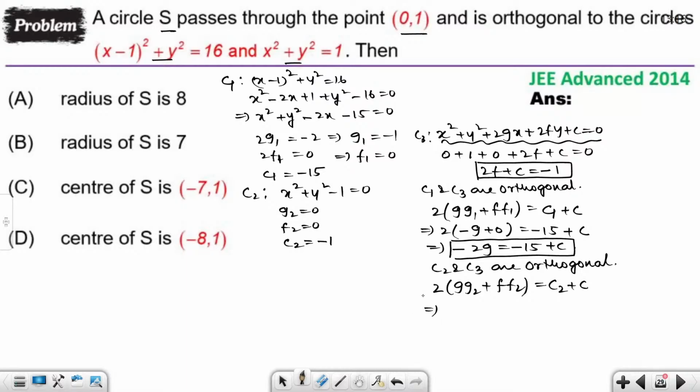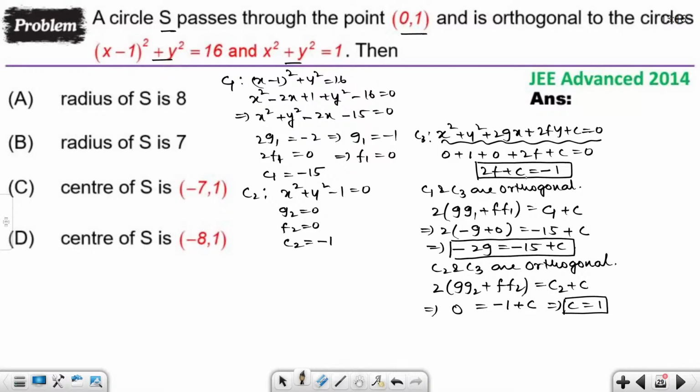As G2 and F2 both are 0, this side is 0. And C2 is minus 1, and c we don't know. So we get c equal to 1.